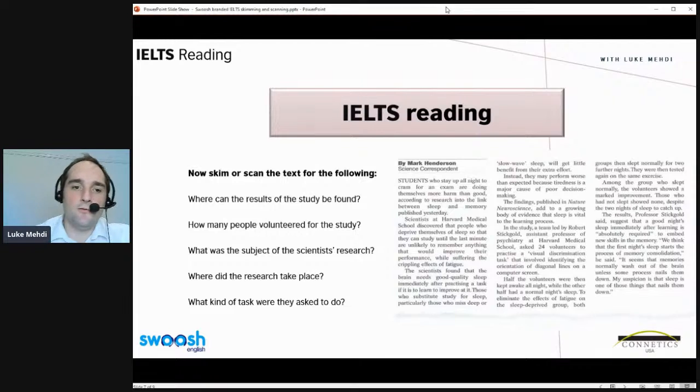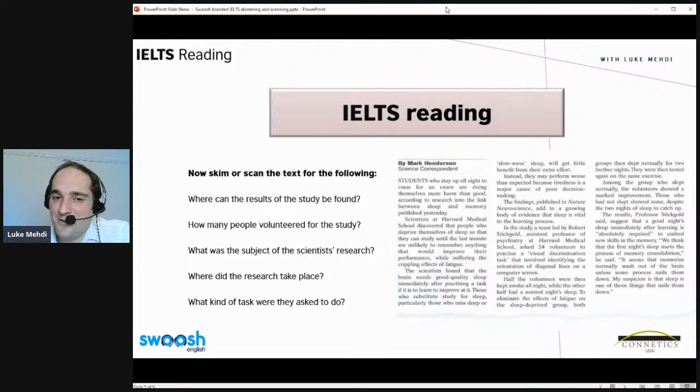Where are those results from the study? Which word is used in the text? Harvard Medical.